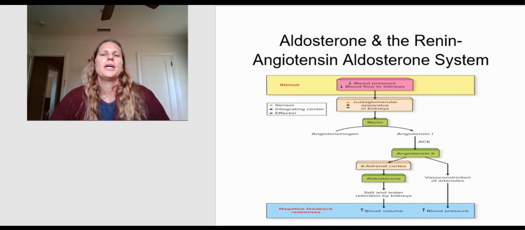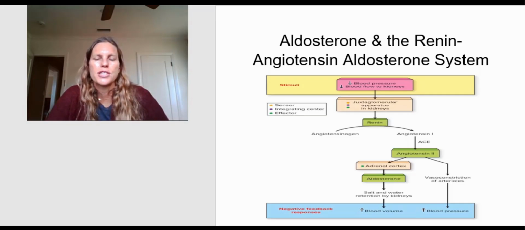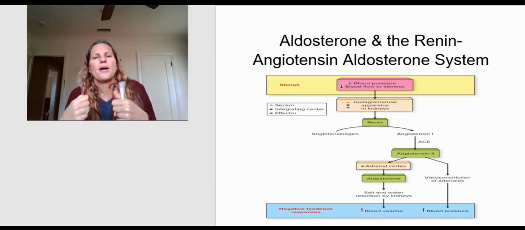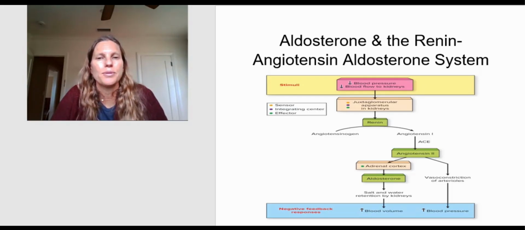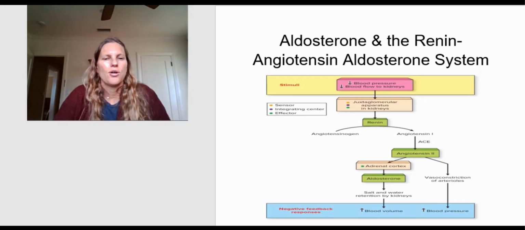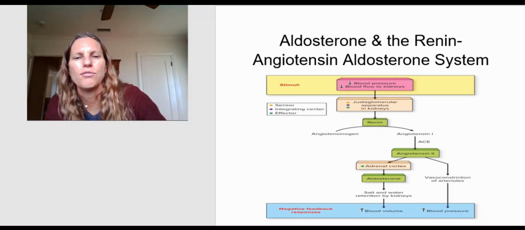And if there's not enough blood in there because of either low blood pressure everywhere or some problem getting blood to the kidneys themselves, those cells will notice that the tube isn't being as stretched, and that will cause those cells to release into the blood something called renin. Now, renin is an enzyme, and renin gets released into the blood, and it catalyzes the reaction that converts angiotensinogen into angiotensin 1.